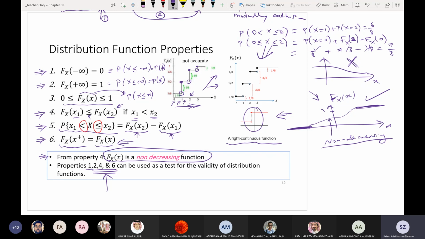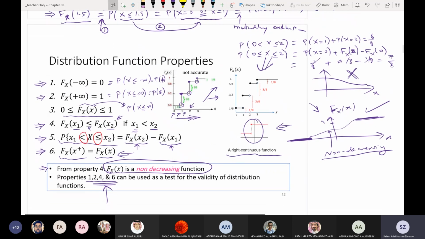Probability of x between 0 and 2. It's a probability that x equal to 2 plus probability x equal to 1, which is how come في شيء غلط. If we write it as fx of 2 minus fx of 0, which is 7 over 8 minus.